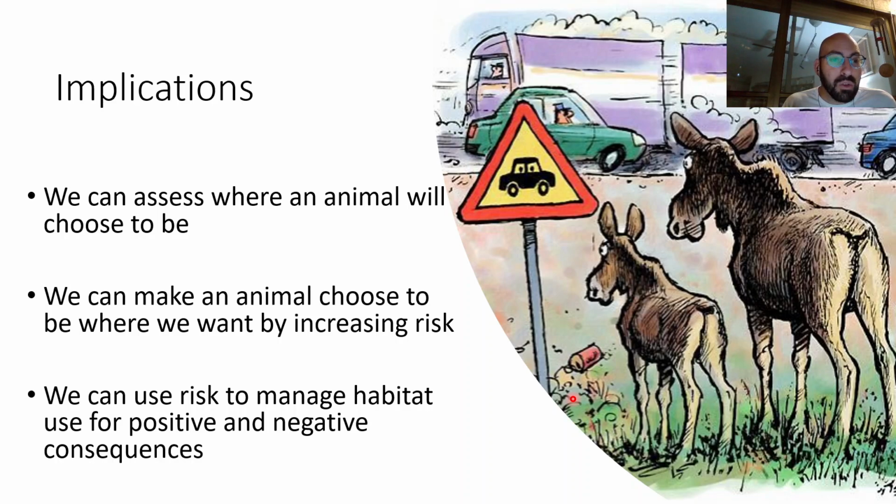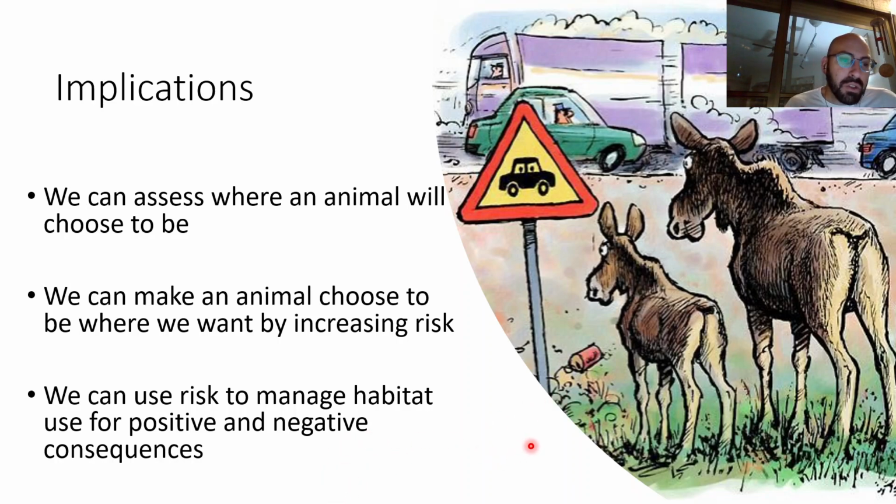We can also change the levels of risk by hunting, by introducing predators. And we can select where the animals are present if we're trying to reduce impacts of a species that has a really bad impact, like overgrazing or an invasive species. Or we can encourage a species to move into an environment by removing the risks and causing them to come to that environment.